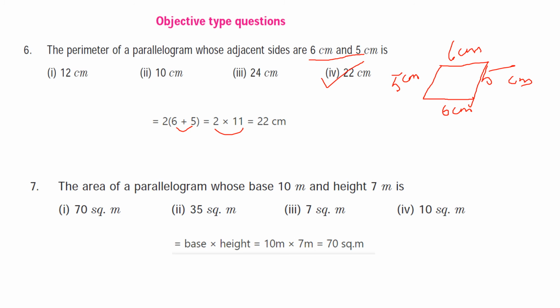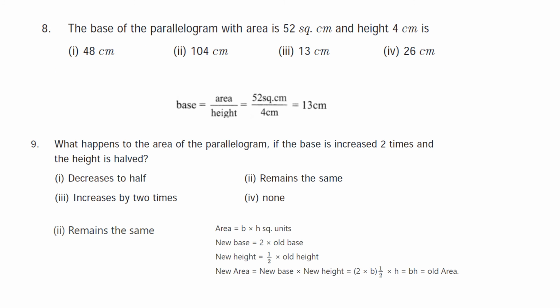The area of the parallelogram whose base is 10 meter and height is 7 meter. So the area of the parallelogram formula is base into height. So 10 into 7, 70 square meter. First option is correct. Next, the base of the parallelogram with area 52 square centimeter and height 4 centimeter.